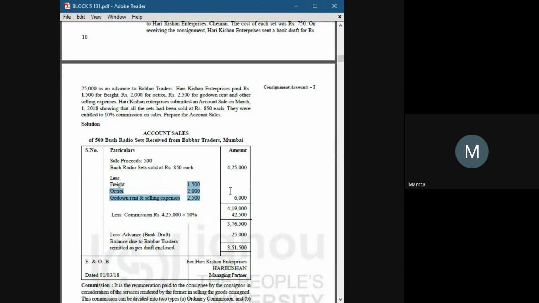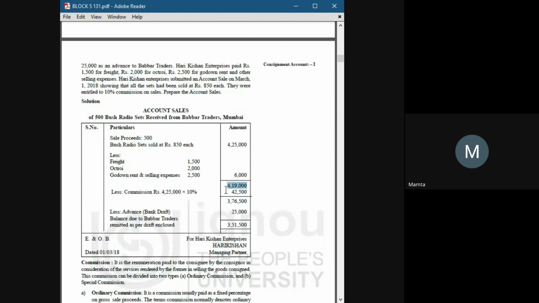That's why he has deducted it from 4 lakh 25,000, the actual amount they have sold the goods for. These are the expenses he or she has made to sell your goods, and the amount is 6,000. After deducting 6,000 out of 4 lakh 25,000, we get the amount 4 lakh 19,000.